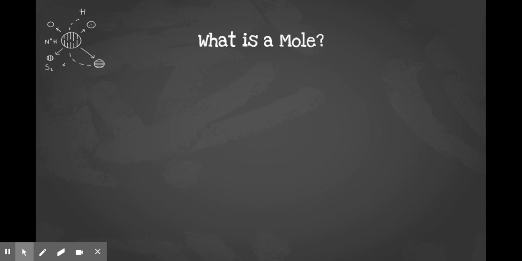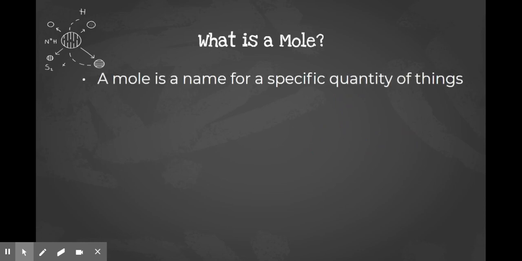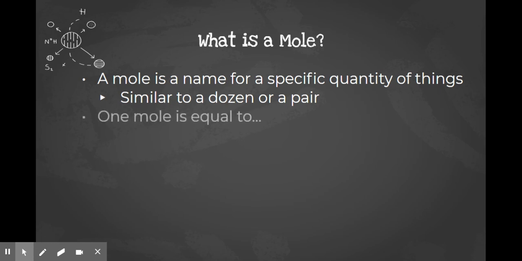So let's get into it here. What is a mole? Basically, a mole is a name for a specific quantity of things, just like a dozen or a pair. Both of those have very specific numbers that are associated with them. And a mole is the same thing. It is just a unit that has a specific number associated with it. That number is 602 hexillion, which is a super, super big number.